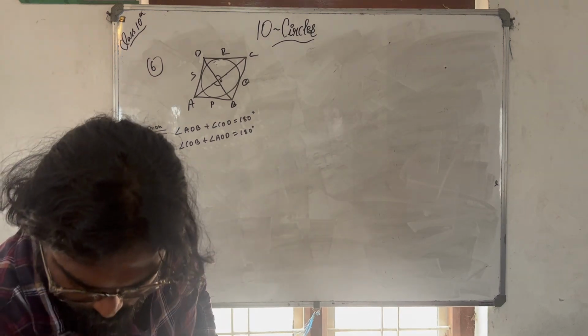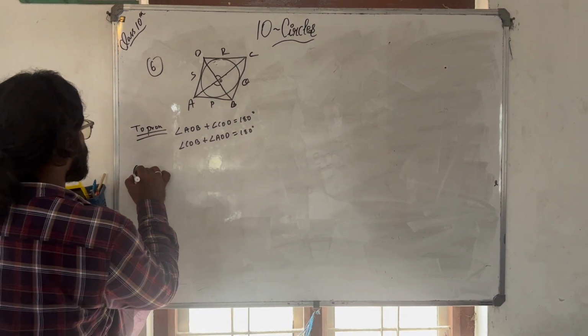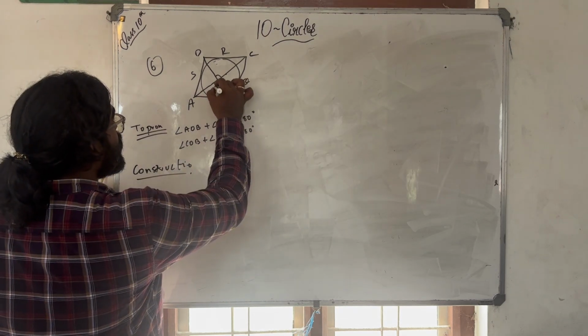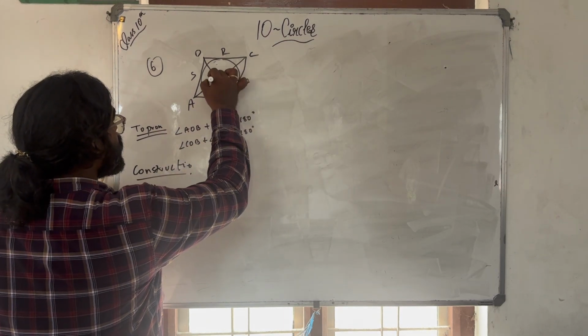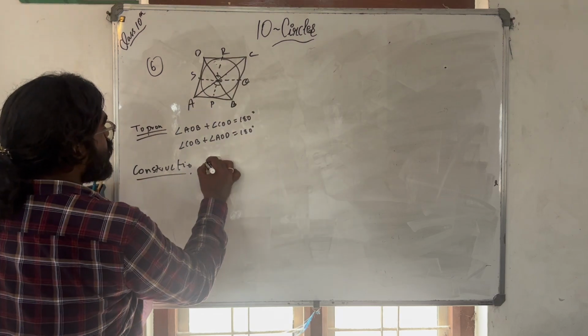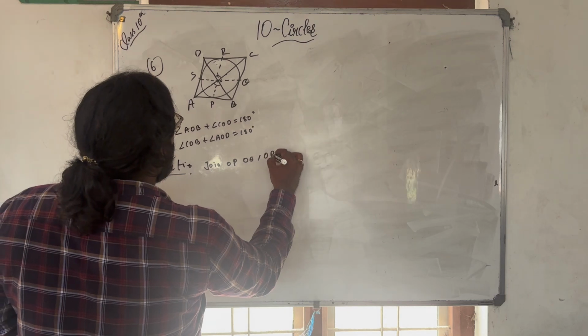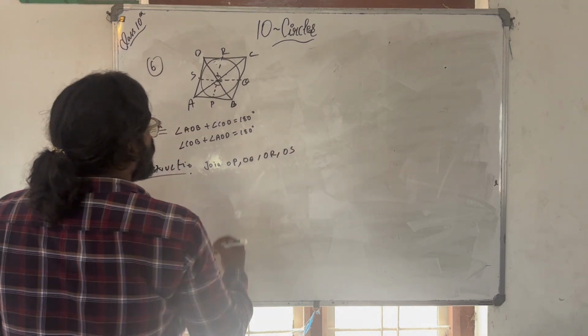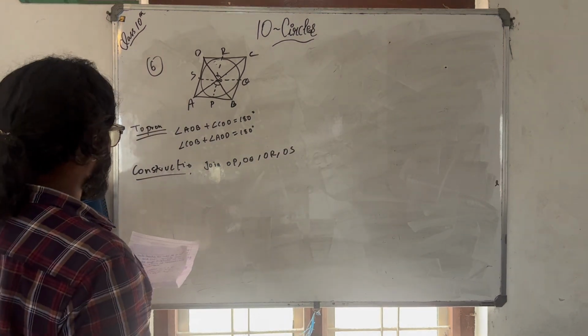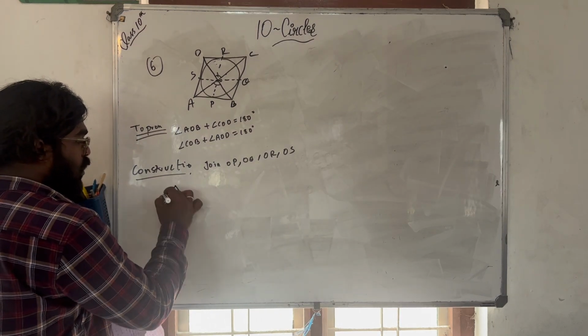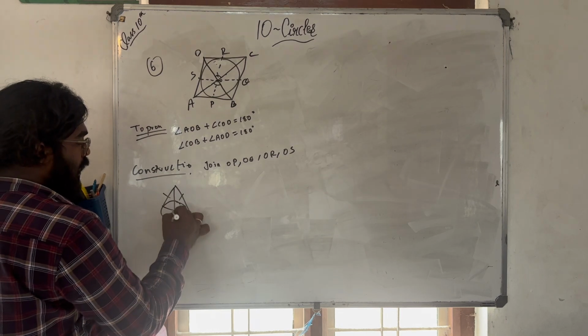So now by construction, I will do a construction. Now please be attentive over here. I'll join this. I'll join OP, OQ, OR, OS. इनको मैं join किया, right? Now I know that if suppose in a triangle, देखो ये circle है, ये दोनों angle equal है, right?